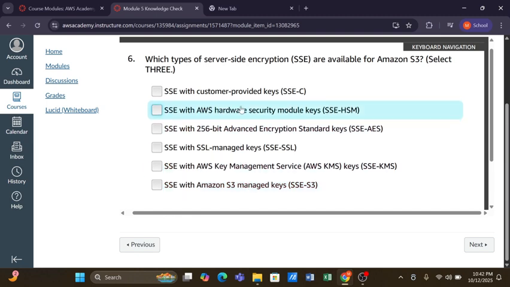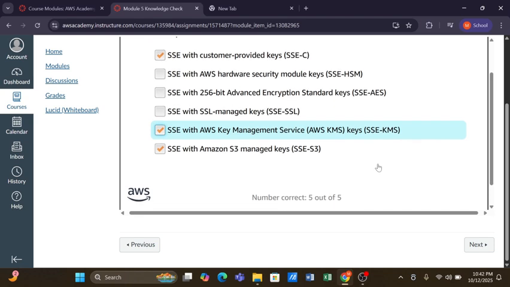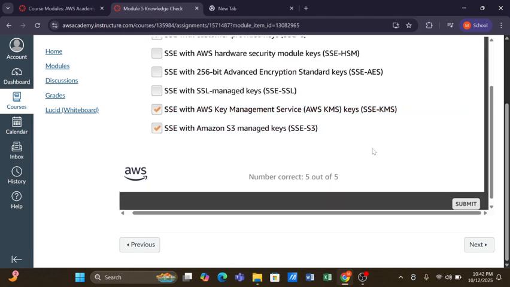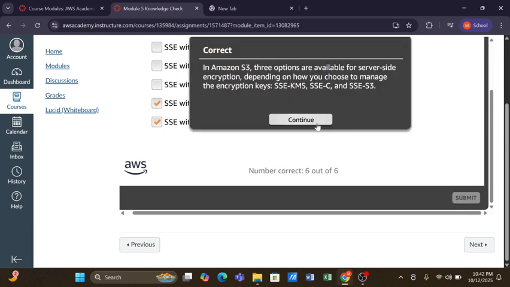So I think it is customer-provided keys, and then SSE with S3, and SSE with AWS KMS keys. Okay, let us check. That is correct.